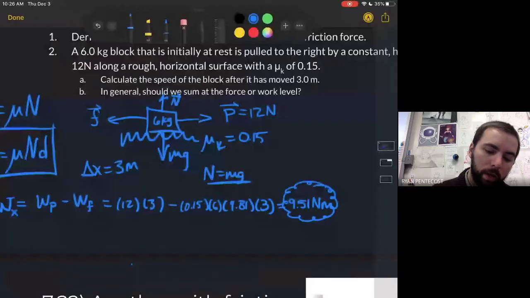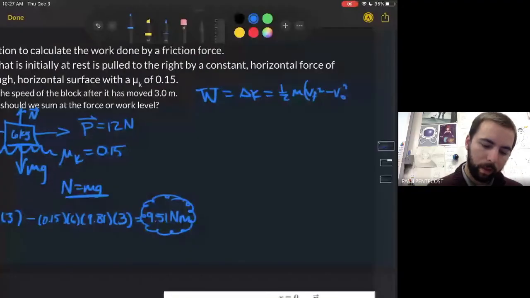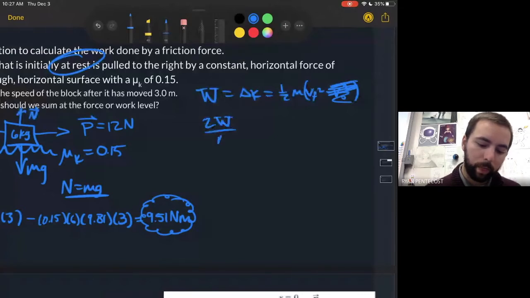So if we do the work kinetic energy theorem, we have the work equals delta K, which is 1/2 m times v final squared minus v naught squared. It starts at rest, so that goes away, and all we want is v final. If we take 2 times the work divided by m, all under a square root, we get v final.